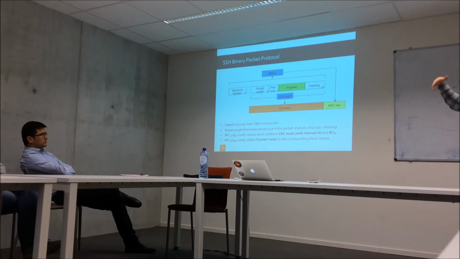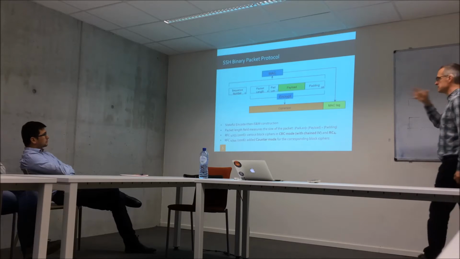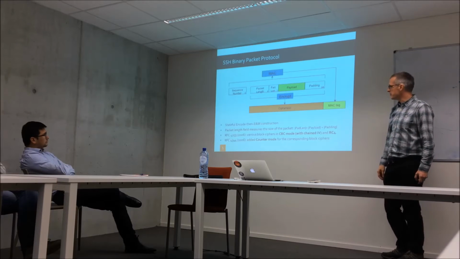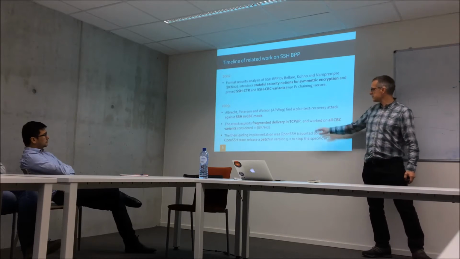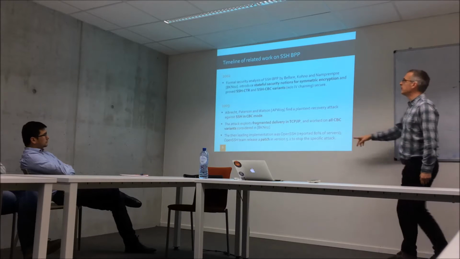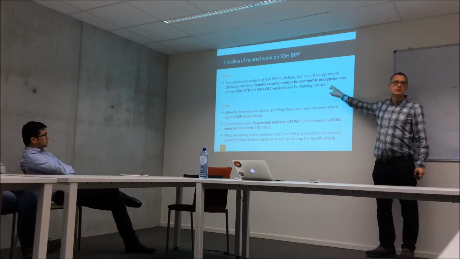I'll show you the details of the attack in a few slides' time. I think it's still quite pertinent today, so I'll explain to you how it works. But basically, it was exploiting a capability, this fragmented delivery, which was missing from the Bellare-Kohno-Namprempre model, quite naturally.